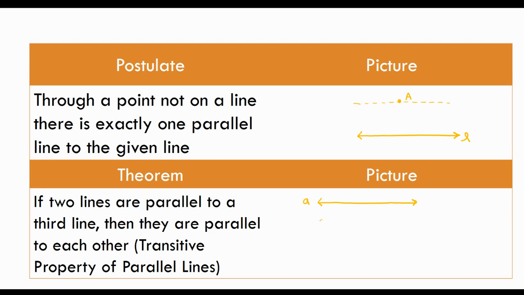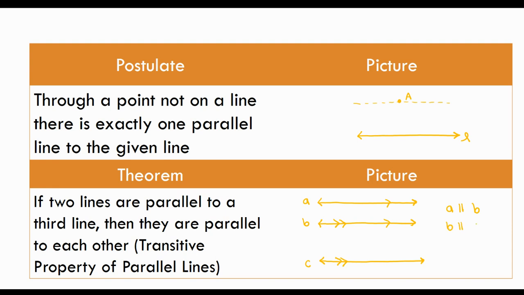Say we have line A and line B, and I am telling you that they're parallel. So line A is parallel to line B. Say then I have this third line, line C. I know that line B and line C are parallel.